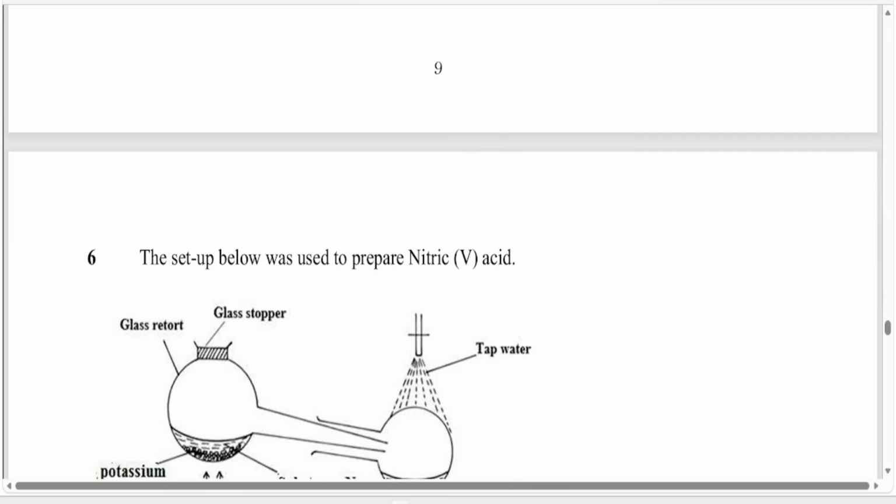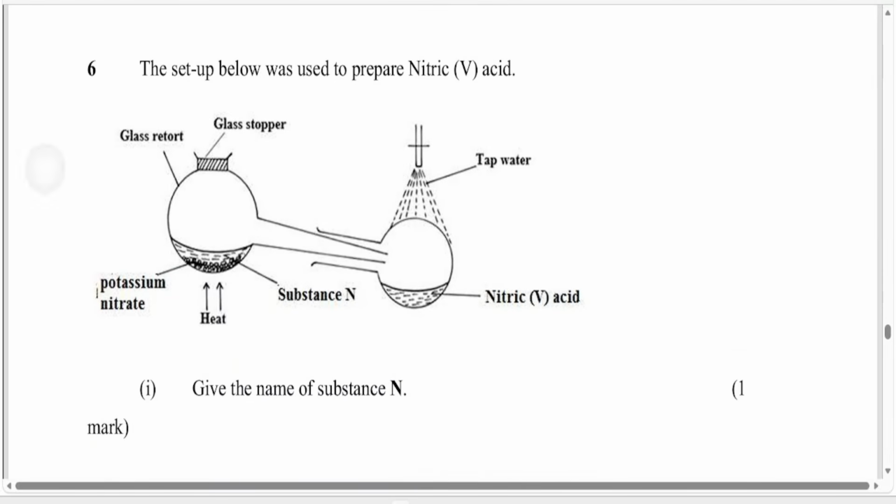Moving to the next question. Question number 6. The setup below was used to prepare nitric(V) acid. It is the setup that we use to prepare nitric(V) acid in the laboratory. And we use glass apparatus, and if you can remember, these are glass apparatus, all of them.